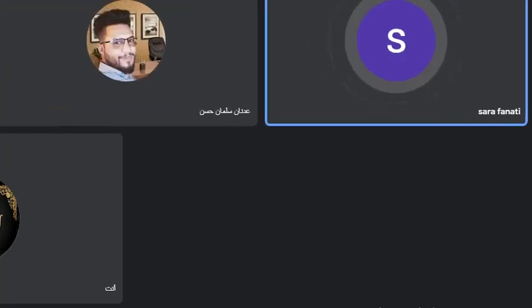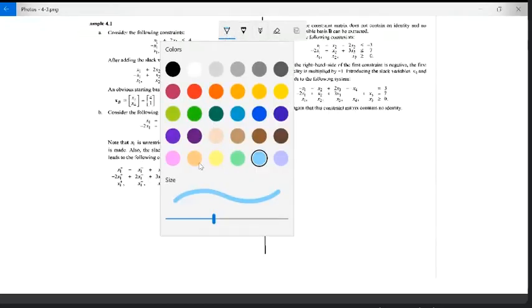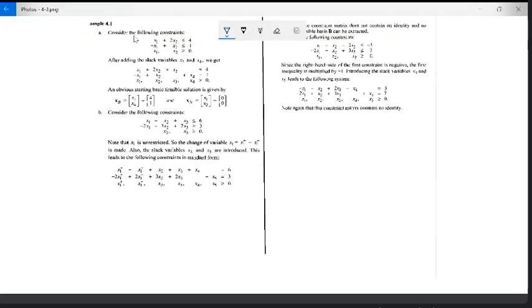See this problem? Consider this constraint. This is a less than or equal.